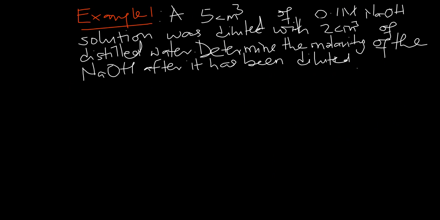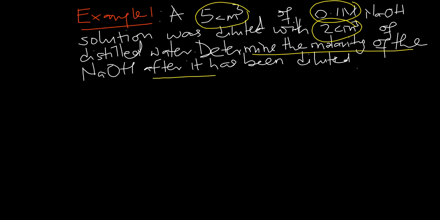So let's put down some important information. We are asked to determine the molarity of the solution after it has been diluted. Now remember that molarity is another word for concentration. You need to remember that.